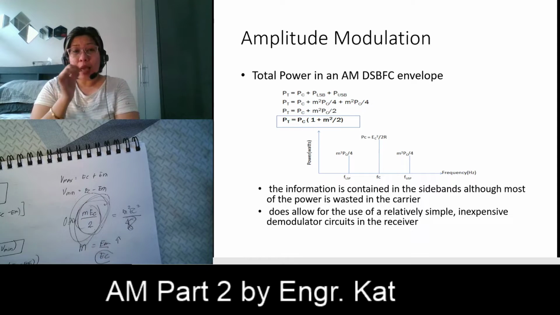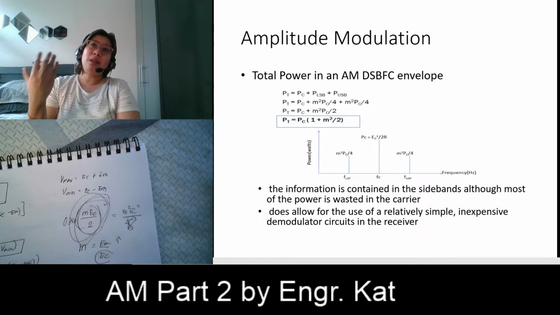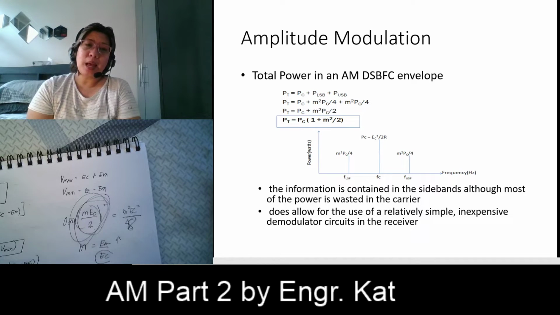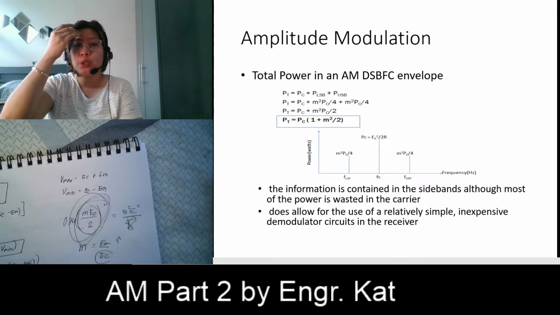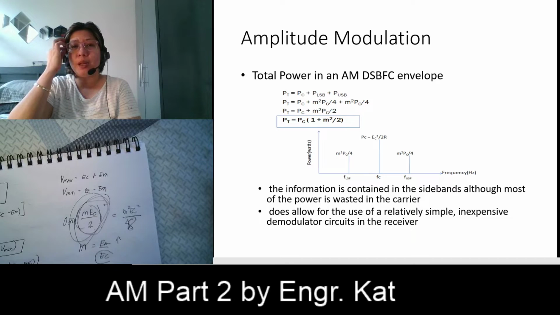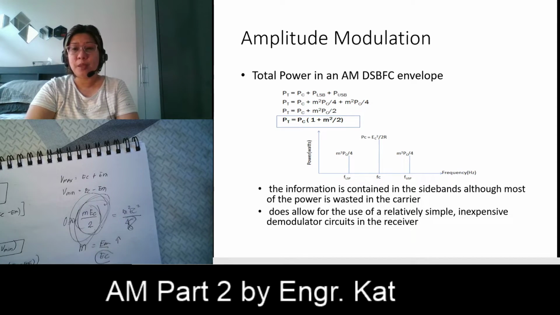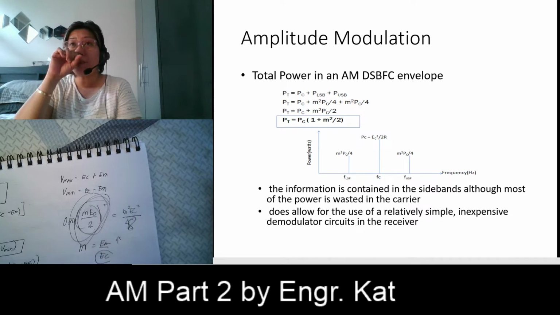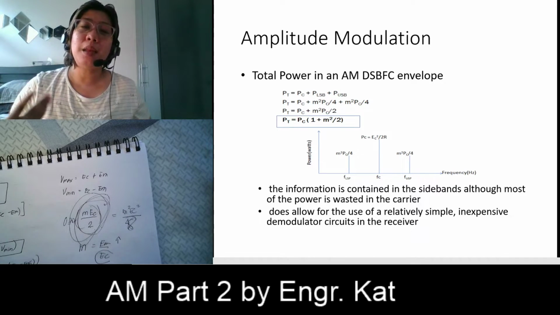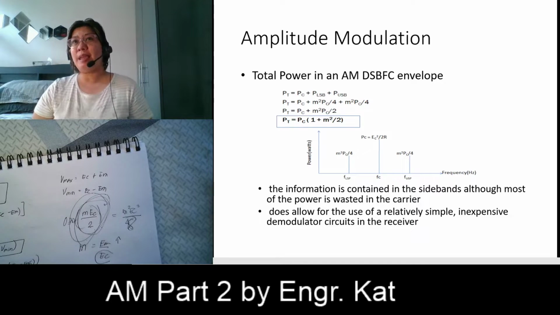But on the other hand, this does allow for the use of relatively simple, inexpensive demodulator circuits in the receiver. And what does that mean? It means this is an advantage for AM.